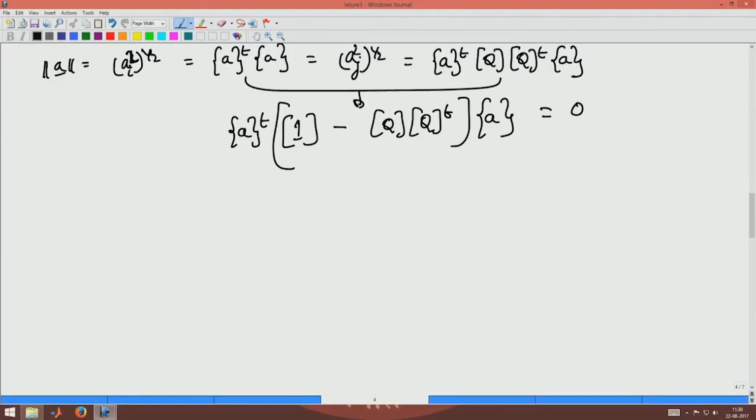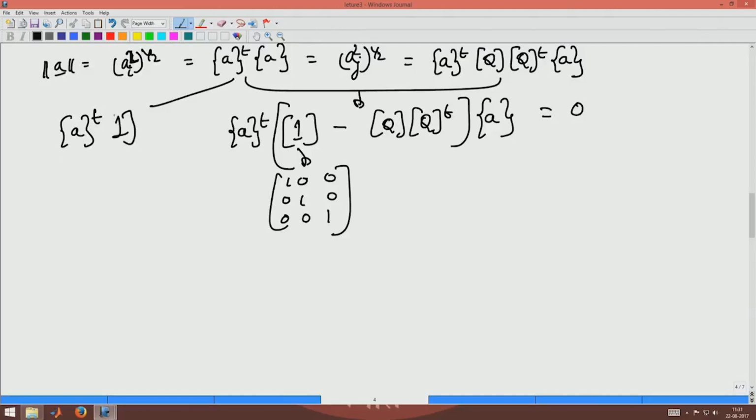Okay. Now, this identity matrix means the diagonal terms alone are 1: 1 0 0, 0 1 0, 0 0 1. So, you can see I have done nothing. If I multiply this with A, I will get back A. So, what I have done is I have written this as A transpose, identity matrix, times A, and essentially I have done nothing in here, just that I have introduced one more matrix here for simplification.